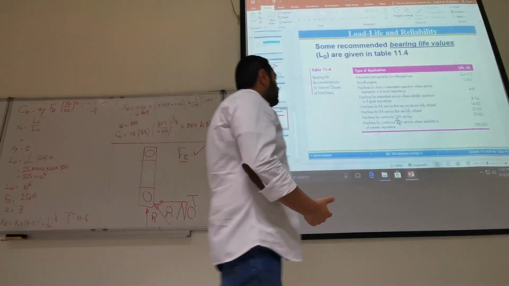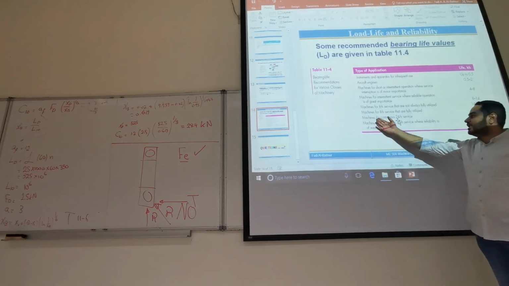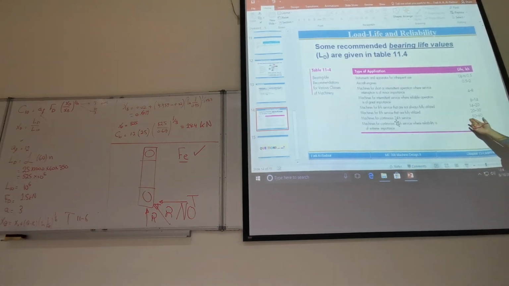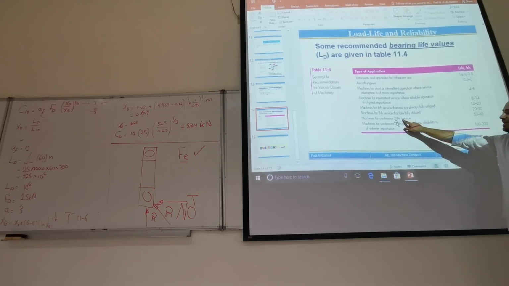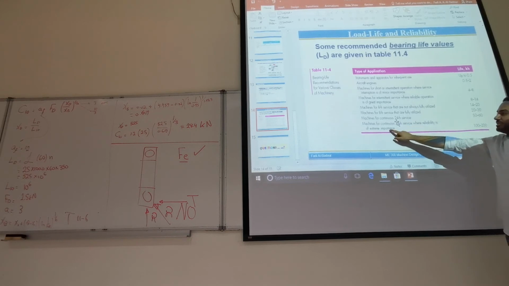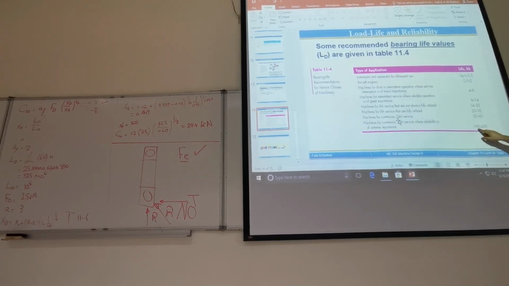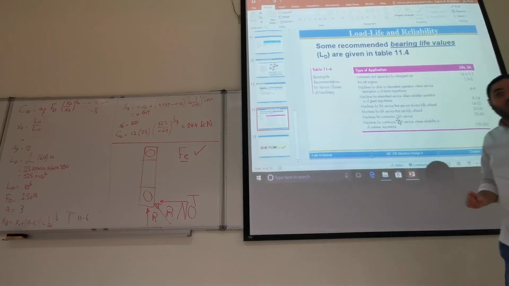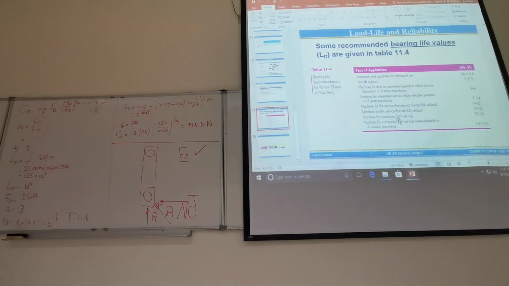But if you want it to be fully utilized 24 hours, for example, look at the life: continuous 24-hour service from 50 to 60,000 hours. This is with not high importance. But for a machine of extreme importance, you design it to live from 100 to 200 kilo hours. So this table helps you in determining the life.